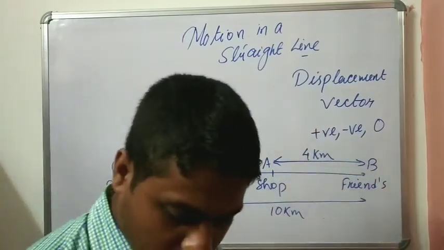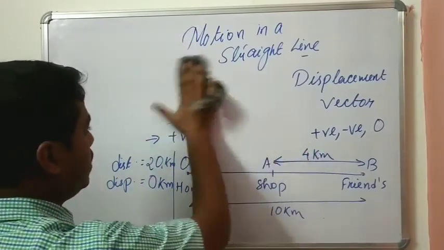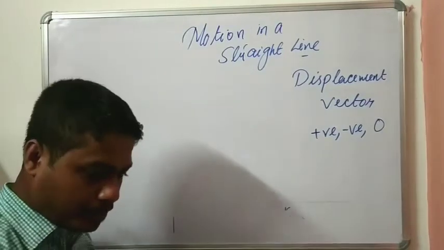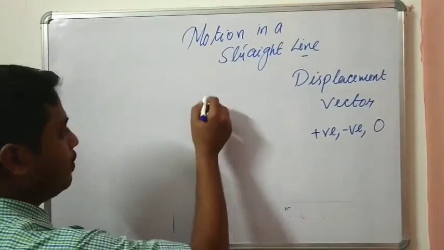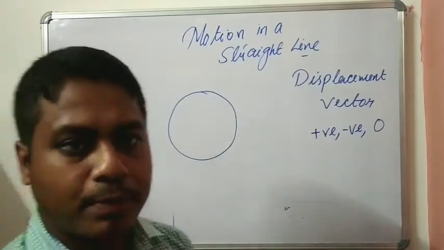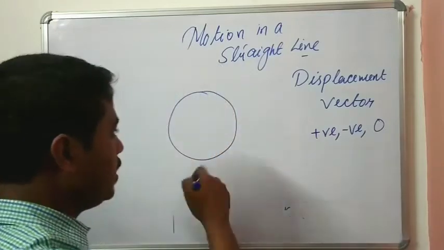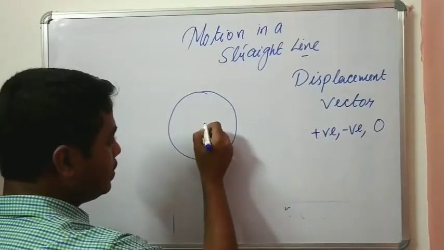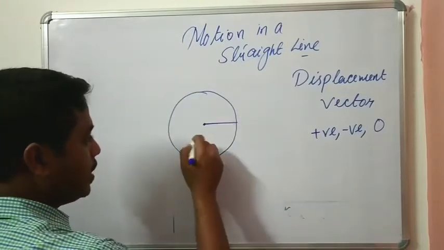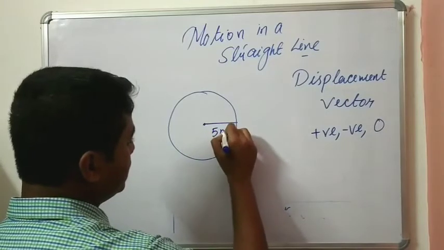Clear? Suppose I give you one more question, a simple question that you have already got in class 9. Suppose we have a circular path and a person is cycling for his fitness. Suppose for his fitness he is moving on the circular path. Suppose this is a circular playground, having a radius of around 5 meter.